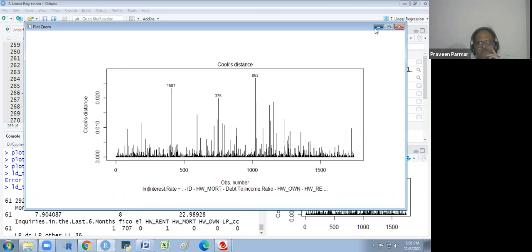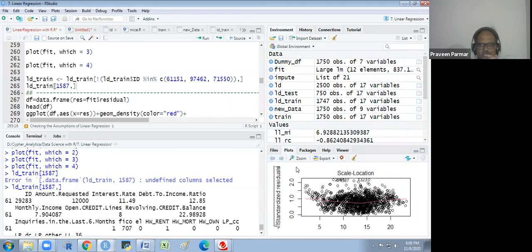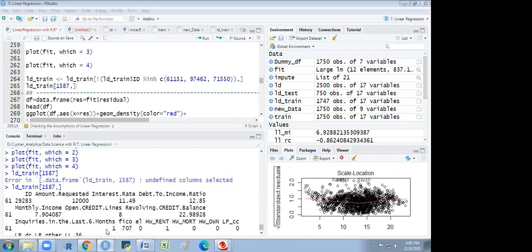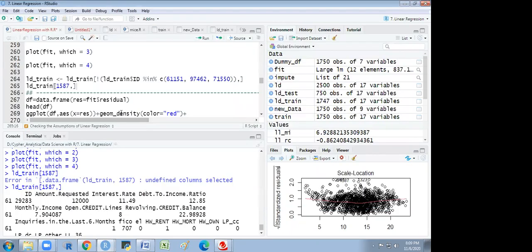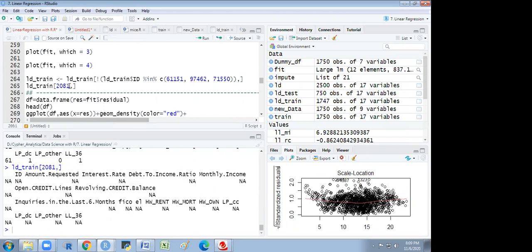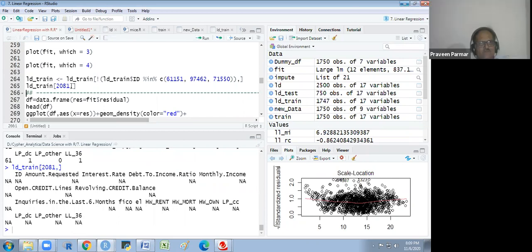Just a moment, I will see. The different graph will show me the actual one. We don't have that, no?